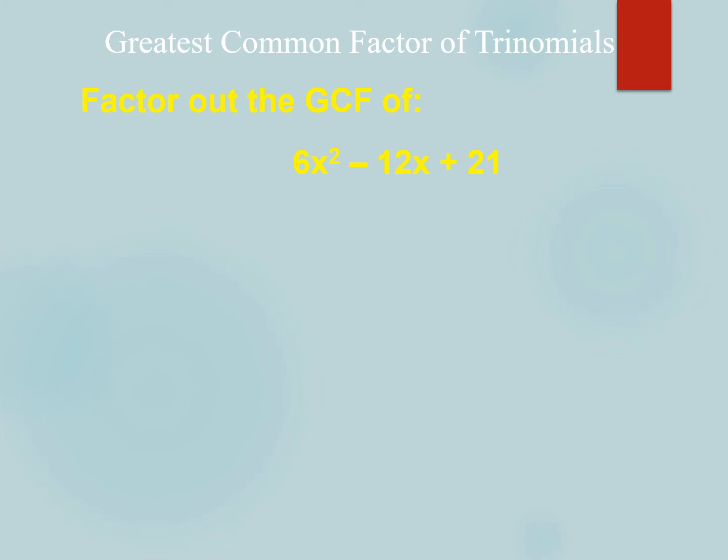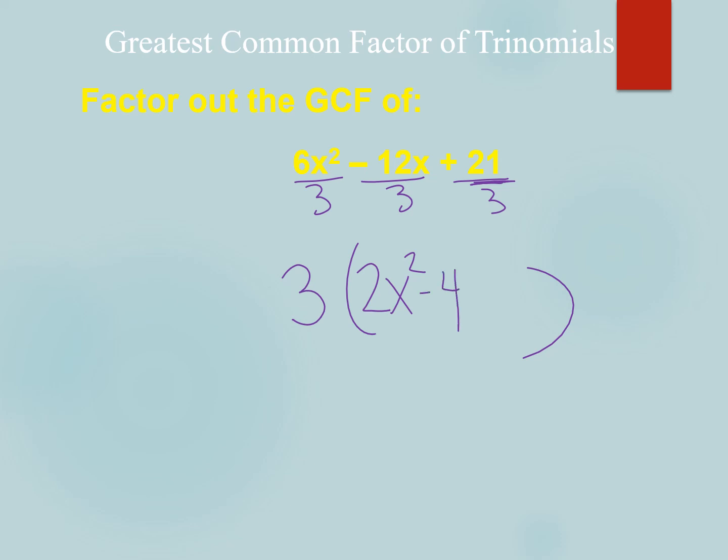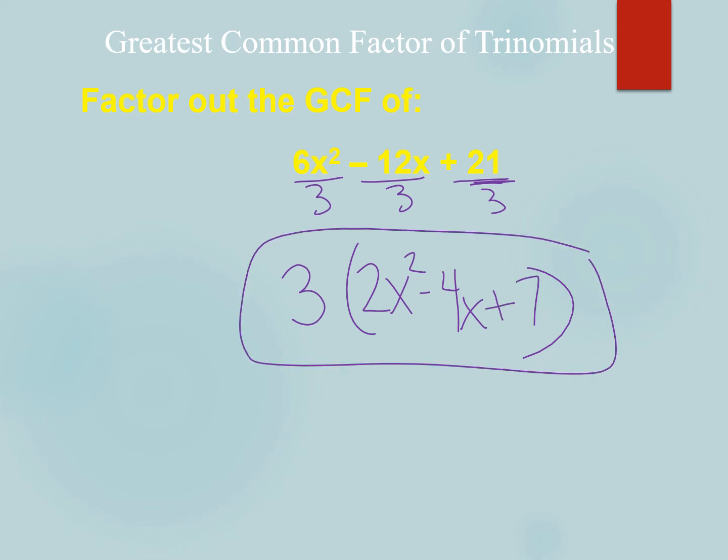Okay, so the biggest number that they share is 3, and they do not all have x's. This 21 has no x's, so they do not all share x's, so I can't take any out. So all I'm going to be doing is dividing by 3 on each of these terms. So 6 divided by 3 is 2, and I leave the x squared. Negative 12 divided by 3 is negative 4, leave the x. And then 21 divided by 3 is 7. So there is that final answer for that trinomial.